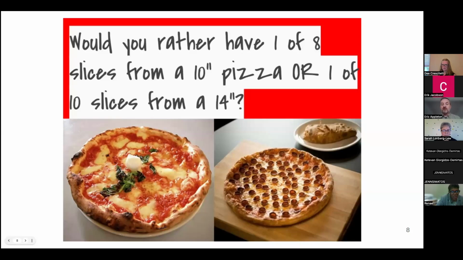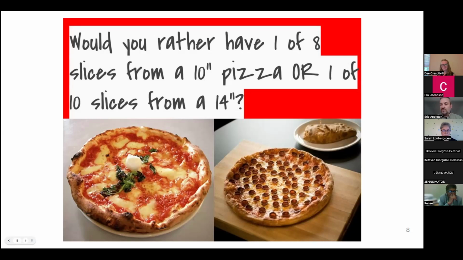The 14-inch pizza is cut into 10 slices. The 10-inch pizza is cut into 8 slices. You only get 1 slice. So which pizza do you think you're going to want?